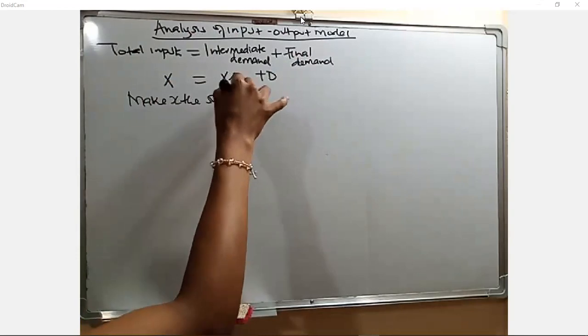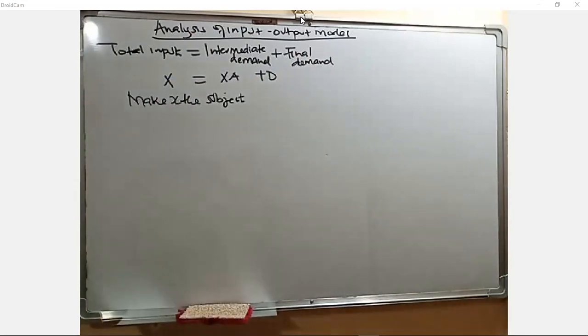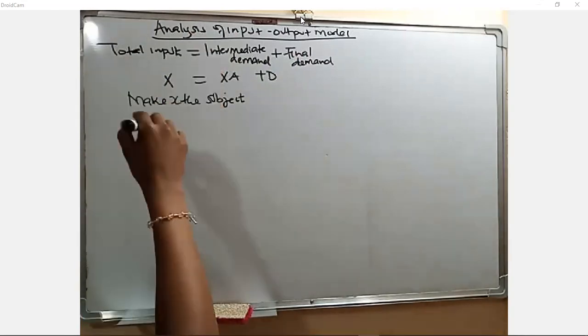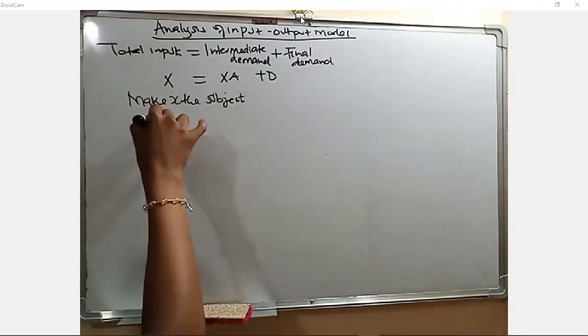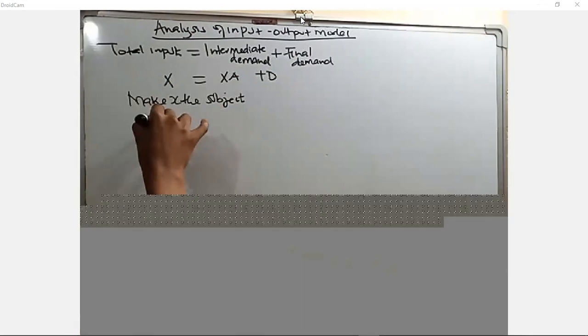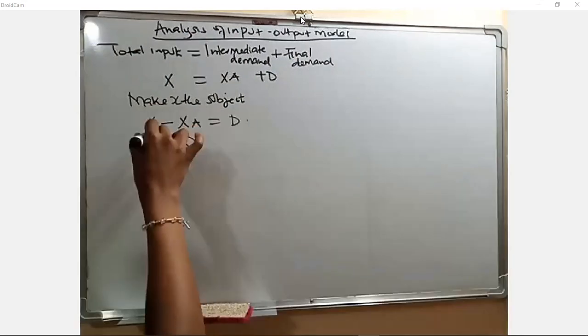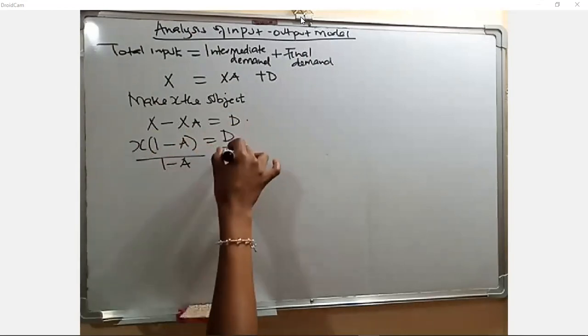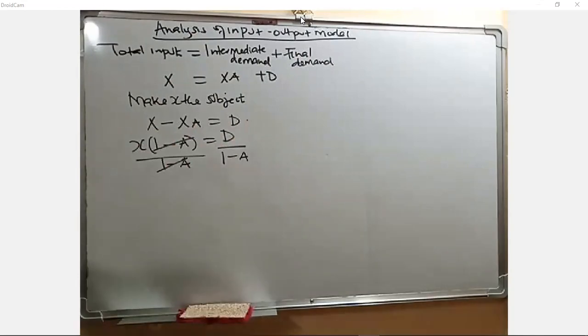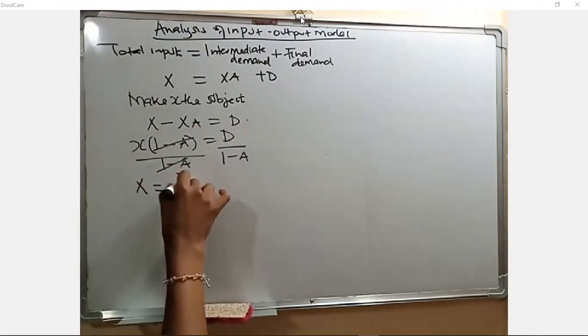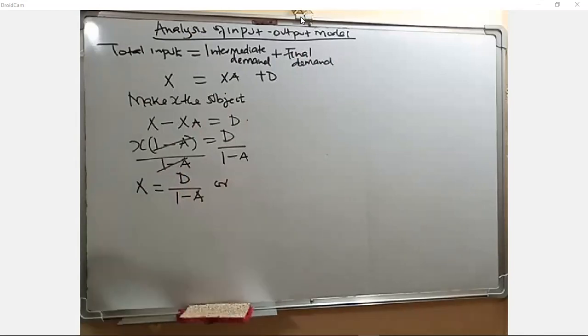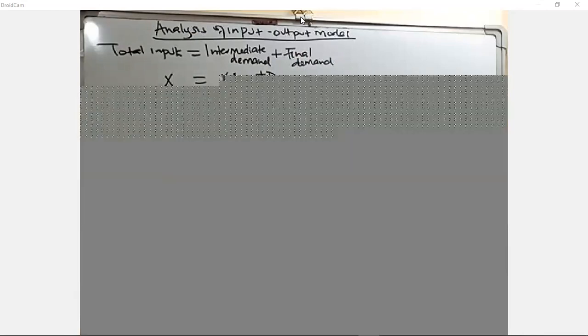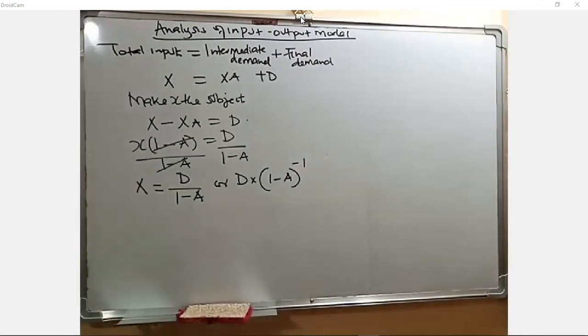Bring X to the other side, so it will be X minus XA equals D. Then pull X outside: X times (1 minus A) equals D. Divide by 1 minus A, so X equals D over (1 minus A), or X equals (1 minus A) raised to the power of negative 1 multiplied by D.